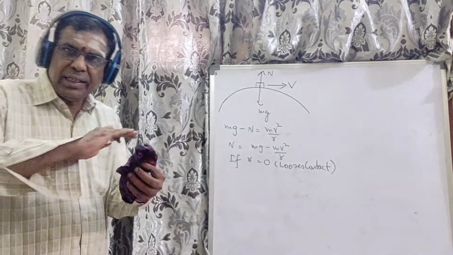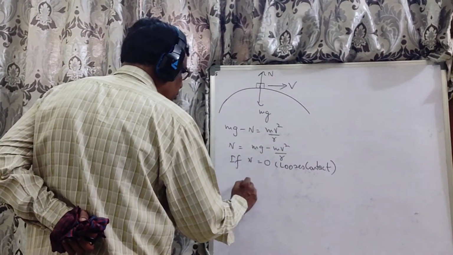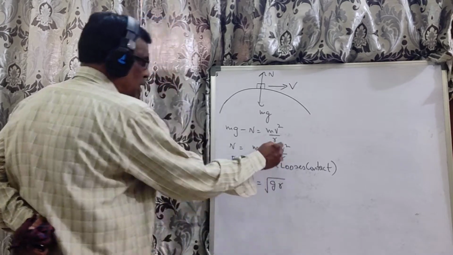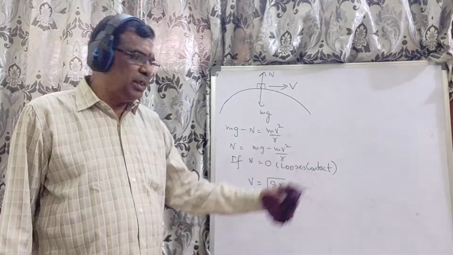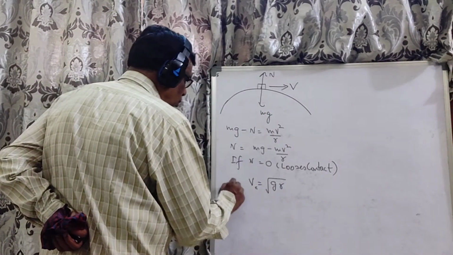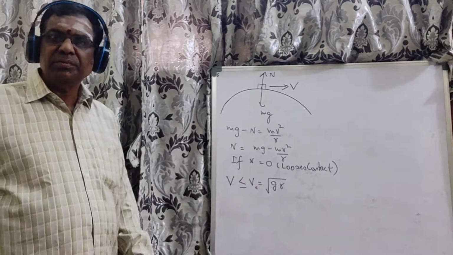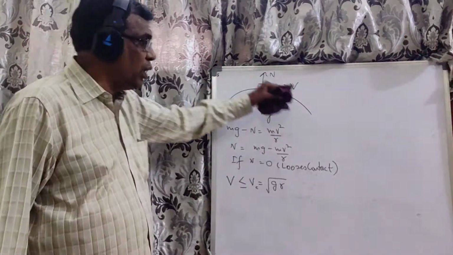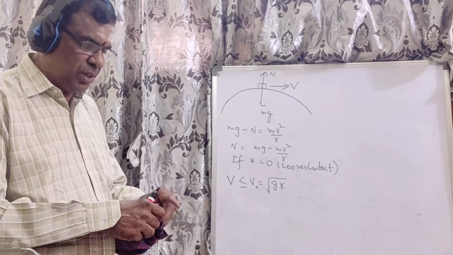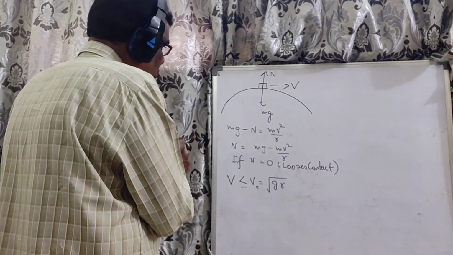The body and the surface lose contact. So what is that value? From this m gets cancelled, v square is here. This is the critical value. So v must be less than or equal to the critical value for the body not to lose contact. Be careful about this.